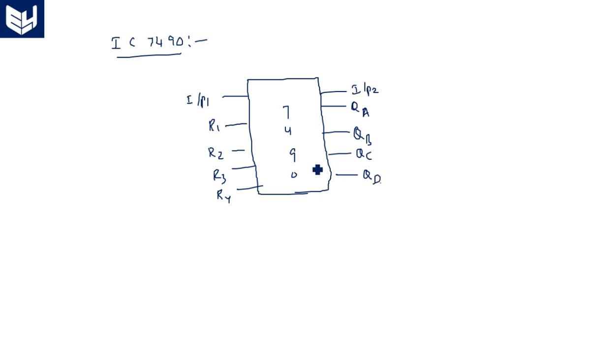The reset pins reset whenever the four outputs QA, QB, QC, QD are ones. Automatically the count resets to zeros and this process is repeated. Input 1 and input 2 are nothing but clock signals. You can also represent them as clock 0, clock 1, clock 2. Now let us see the VHDL code for this.